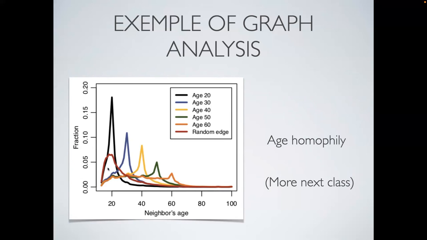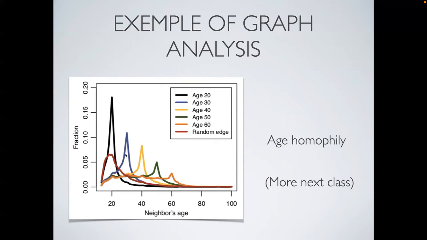And what you see is that there is a sharp peak around approximately 30. So this tells you that people who are around 30 years old tend to be strongly connected to other people of the same age. And it's a very clear pattern. It's even stronger for 20 years old, and we see that it decreases with age.